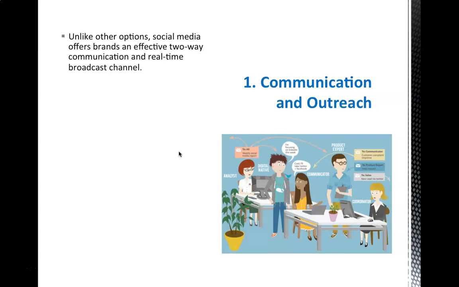Social media, as we've written here, offers brands an effective two-way communication tool. What that basically means is that advertisements, billboards, posters, even press releases in newspapers all tended to be one directional: the company was putting out its information and looking for no engagement back on that information.